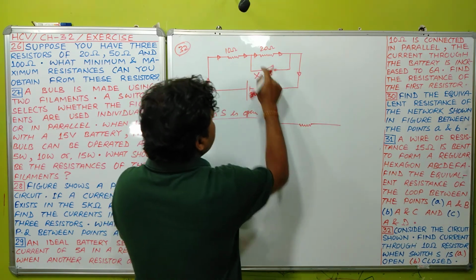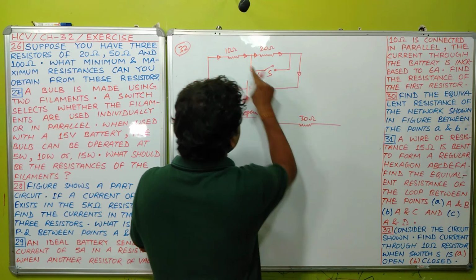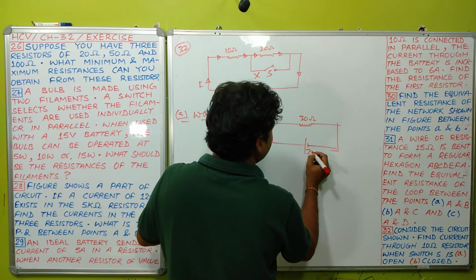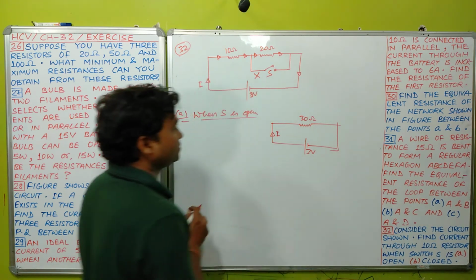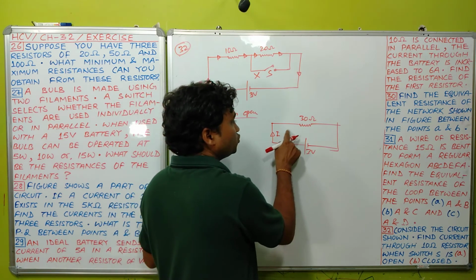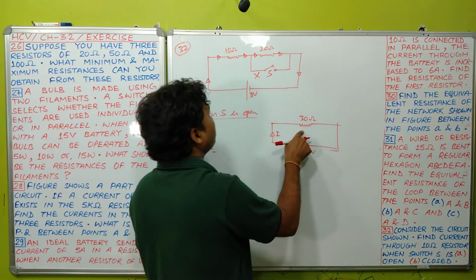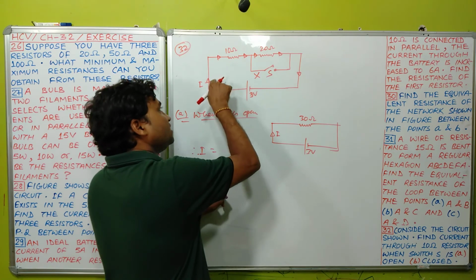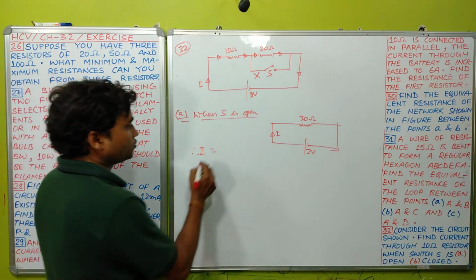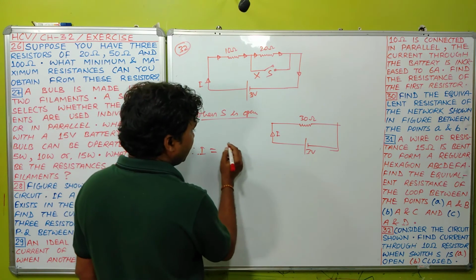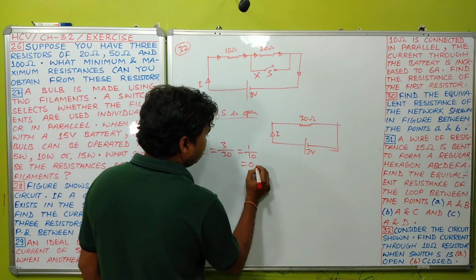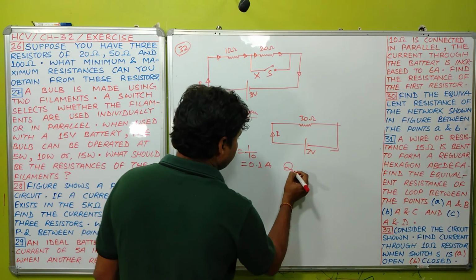These two will be in series, so equivalent resistance will be 10 ohm plus 20 ohm, 30 ohm, and the battery connected across this is 3 volt. The same value of current will flow through this 30 ohm, this 10 ohm, and this 20 ohm resistance. So the value of current is I equals V by R from Ohm's law, 3 by 30, which is 1 by 10, so 0.1 ampere is your final answer.